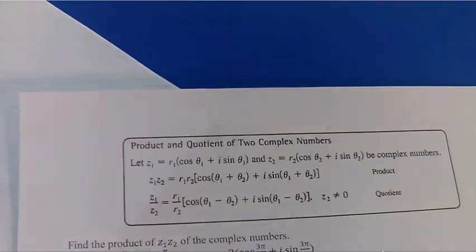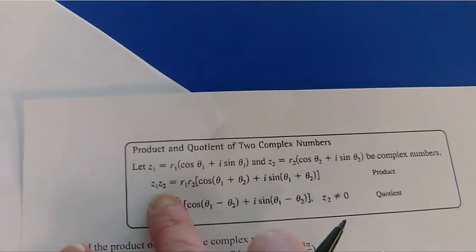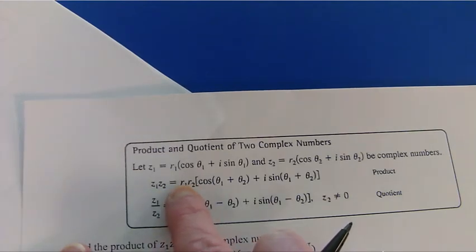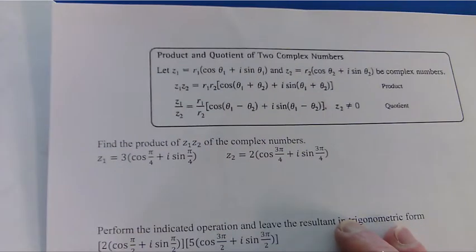Now, working with these trigonometric forms, there are some formulas. So the product of two complex numbers in trigonometric form, we're going to multiply those magnitudes, or those absolute values, together, and then add the angles together.